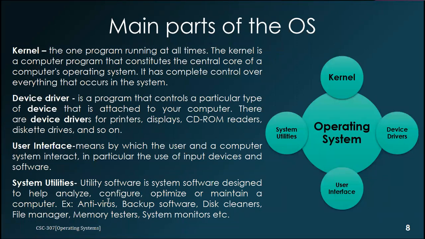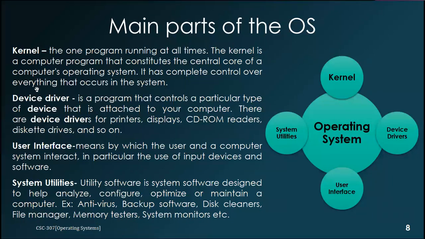Then you have the backup software. So if for some reason your computer crashes, or by mistake you delete your files, you can use the backup software. Then we have disk cleaners, because it is being used for fragmentation. We have file manager, where we can browse our files, we can store our files under different names, and memory testers, system monitors, and so on.